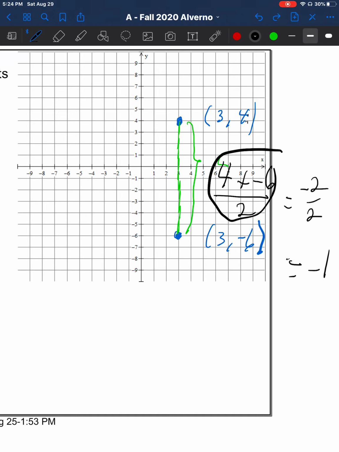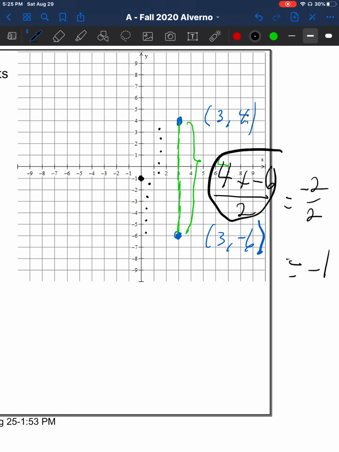We don't know the x yet. And if you just look at this, you'll see that if this is 1, 2, 3, 4, 5, and the other one here is 1, 2, 3, 4, 5, there is a distance of 5 on both sides, because the total distance is 10, divided by 2, you get 5.